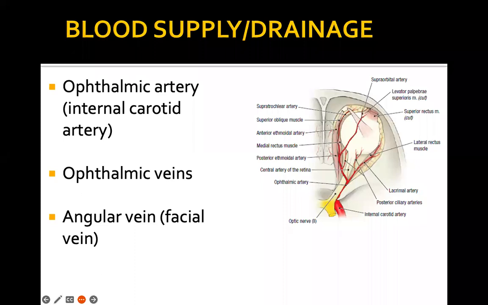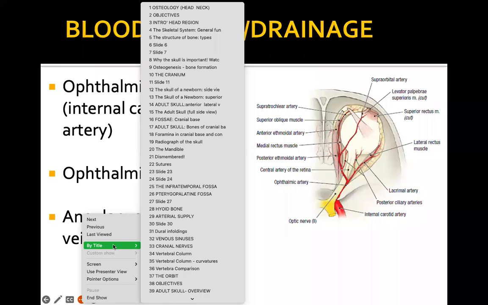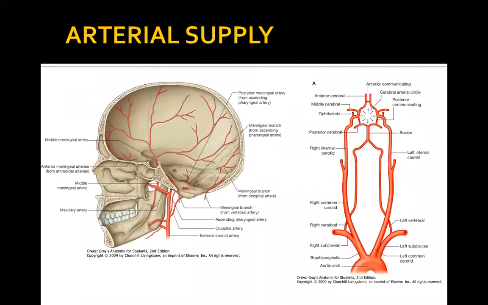Okay, I want to take you back to something. The arterial supply, taking it back here. Look at this ophthalmic artery here. You see? And look at this internal carotid.